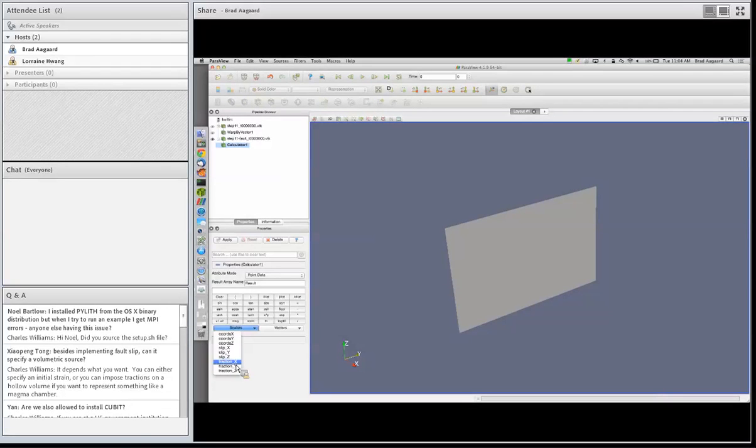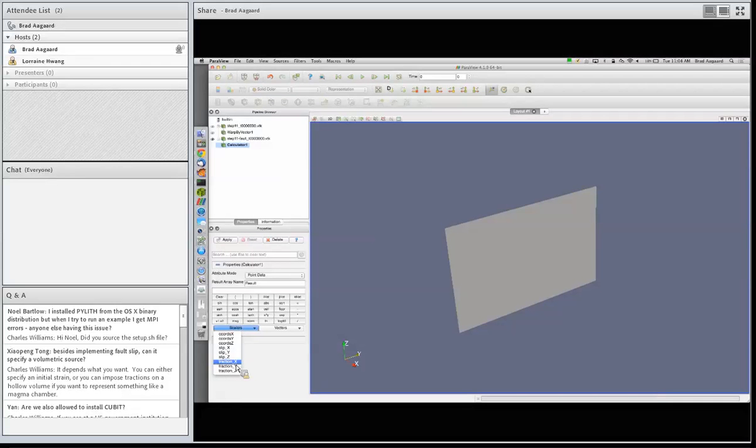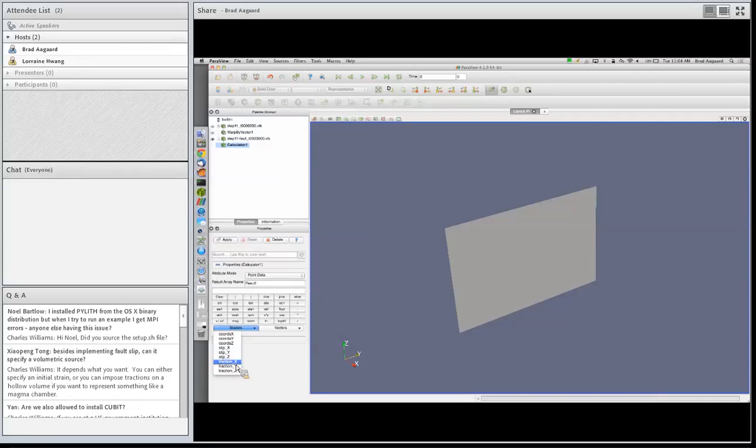So even though it says X, Y, Z, these are not X, Y, Z components of slip. They are the first, second, and third components of the slip vector, which are done in terms of the fault coordinate system of left lateral, reverse, and opening.